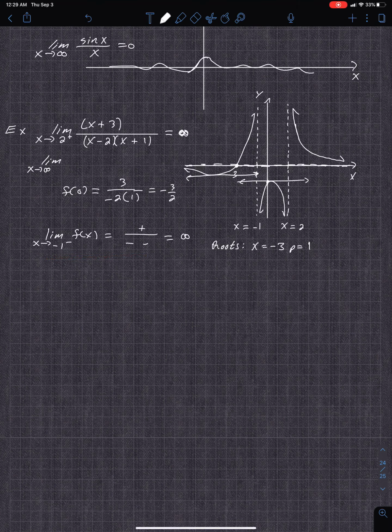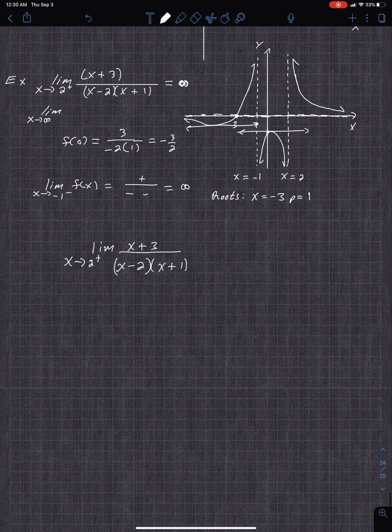So if we do that limit, x plus 3 over x minus 2 times x plus 1, and you're approaching 2 on the right, so like 2.1. Basically how you can interpret this is the top will be positive, and then is this going to be a positive number or a negative number?